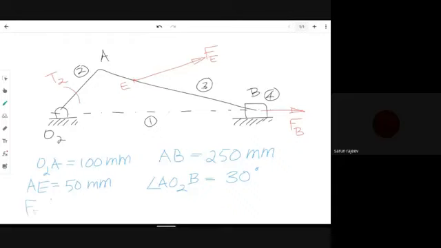Now let the force FB acting on the piston be equal to 2000 Newton. Let the force FE acting at the point E on the connecting rod be equal to 6000 Newton. These are the data given.